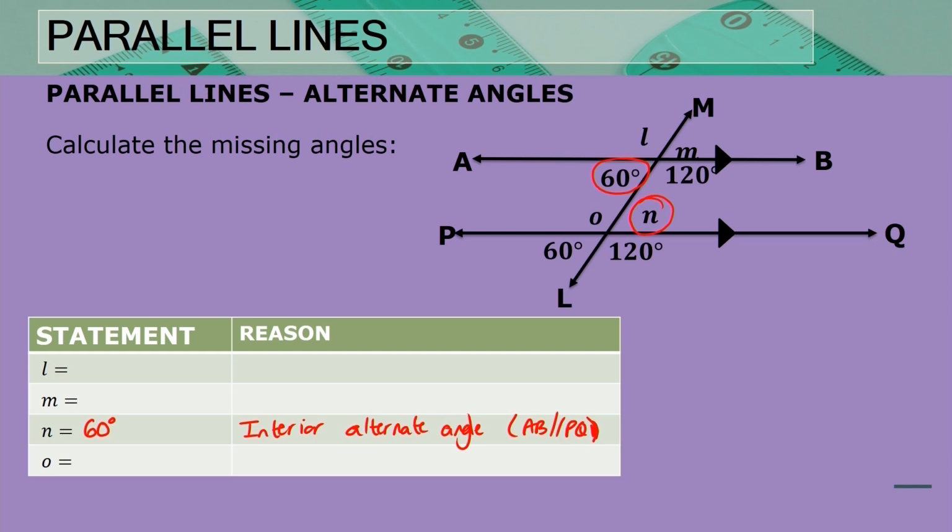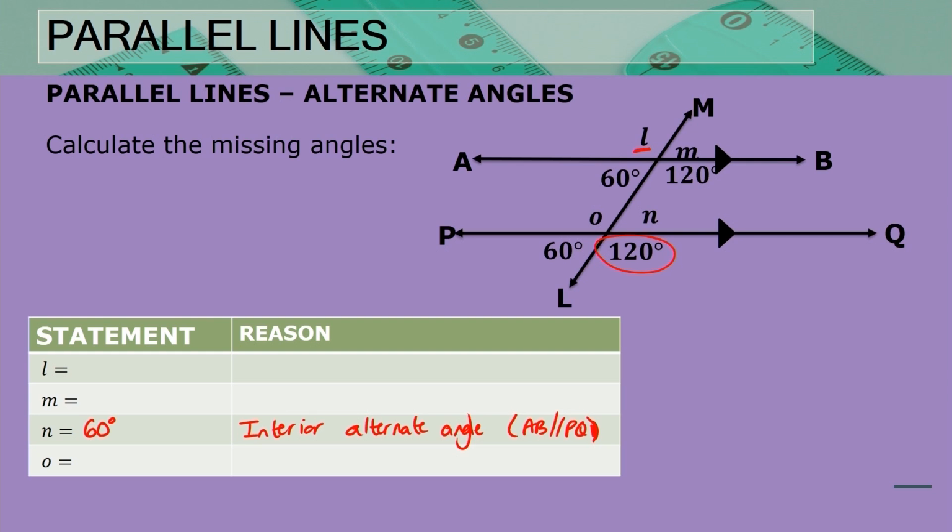So let's look at our angle L. It is on the outside of a parallel line and on one side of a transversal, and we've got 120 on the other side of a transversal, also on the outside of a parallel line.